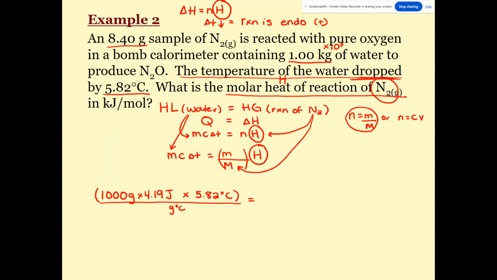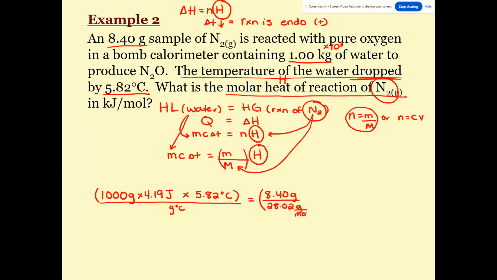Okay? And then on my other side, my mass over molar mass, again, is of the nitrogen. So the mass of the nitrogen was 8.40 grams, and the molar mass of nitrogen, again remembering nitrogen is diatomic, it's going to be 14.01 times 2, so that's 28.02 grams per mole.